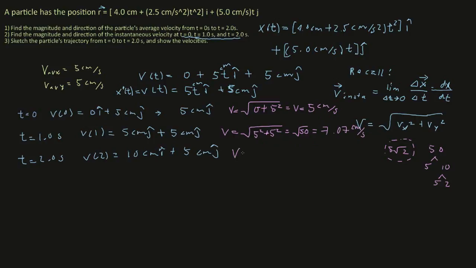Now we're going to do when t equals 2, right? So when t equals 2, it's going to be the square root of 10 squared plus 5 squared, and then now we have 100 plus 25, it's going to be 125, and what happens when we take the square root of that?